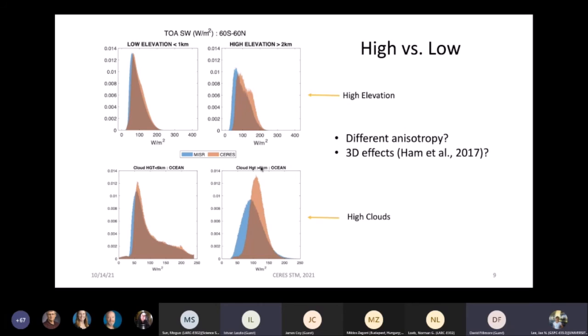So when we compare the low elevation and low cloud cases with the high elevation and high cloud cases, the difference between the two measurements is high for high elevation and high cloud cases. This difference may be attributed to different treatments between MISR and CERES for the radiance anisotropy of high cloud scenes.